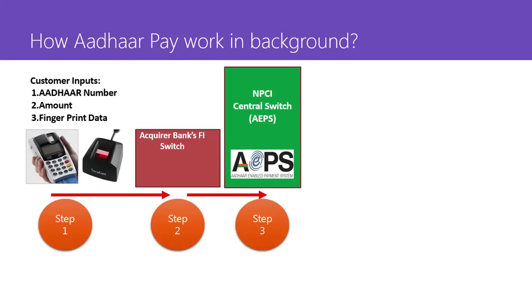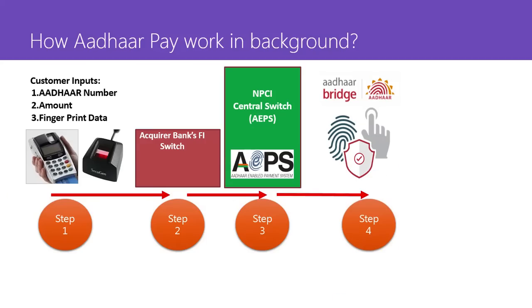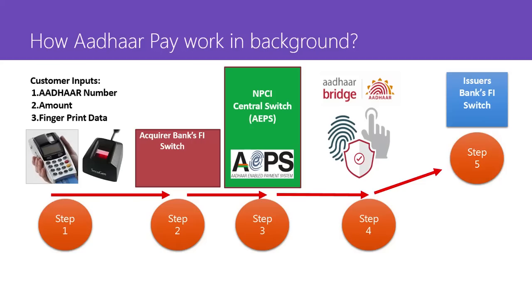That's a non-profit entity, where the Aadhaar Enabled Payment System is a gateway that collects the information and works as a bridge, right? And then it goes to the Aadhaar bridge where it validates your fingerprint and your Aadhaar number, whether these two match or not. Once it validates it, it passes the information to the issuer bank.